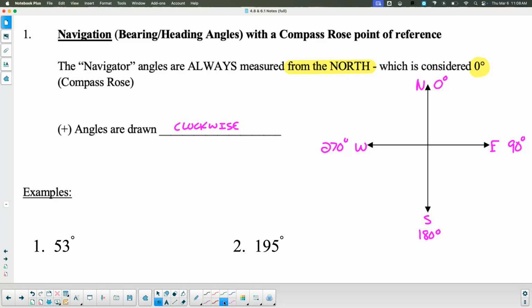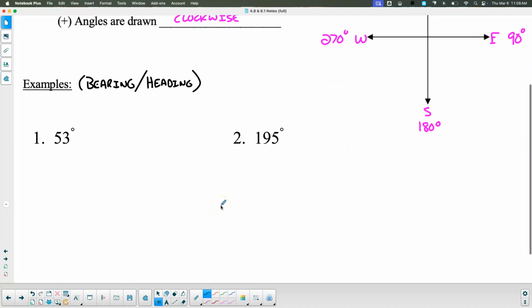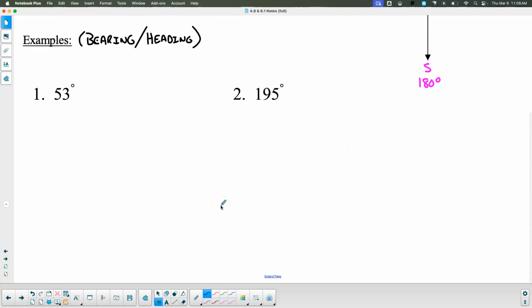So, let's go into some examples. These are all going to be bearing angles, if you will. So if I have a 53 degree bearing or a 53 degree heading, 0 is going to start up here.